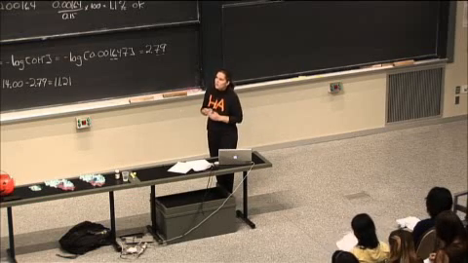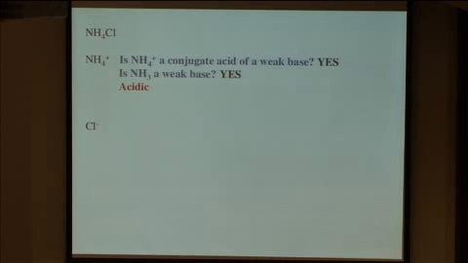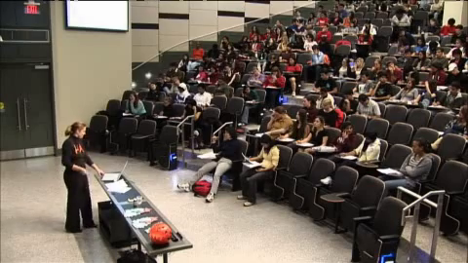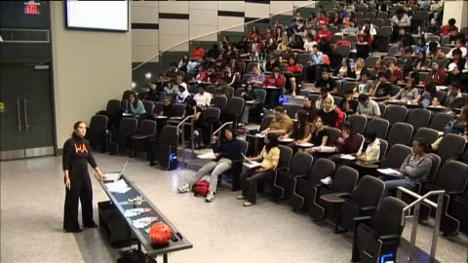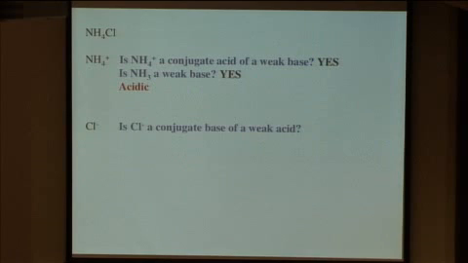What about Cl minus? Do you think it's going to do anything useful for you? Where do you think Cl minus came from? From HCl. So we could ask again, is Cl minus a conjugate base of a weak acid? The acid is HCl. Is that a weak acid?